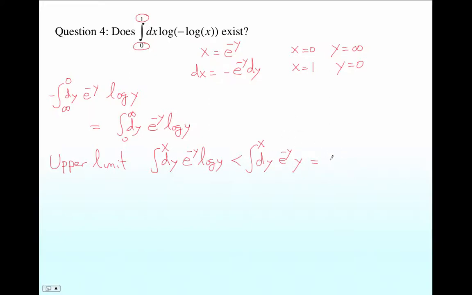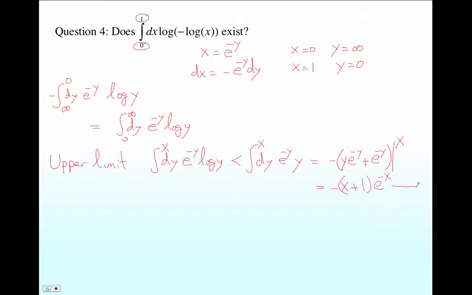This is just minus y e to the minus y plus e to the minus y. You can see that if I differentiate this, then I get y e to the minus y. And this has to be evaluated at y equal to x. So this is minus x plus 1 into e to the minus x.